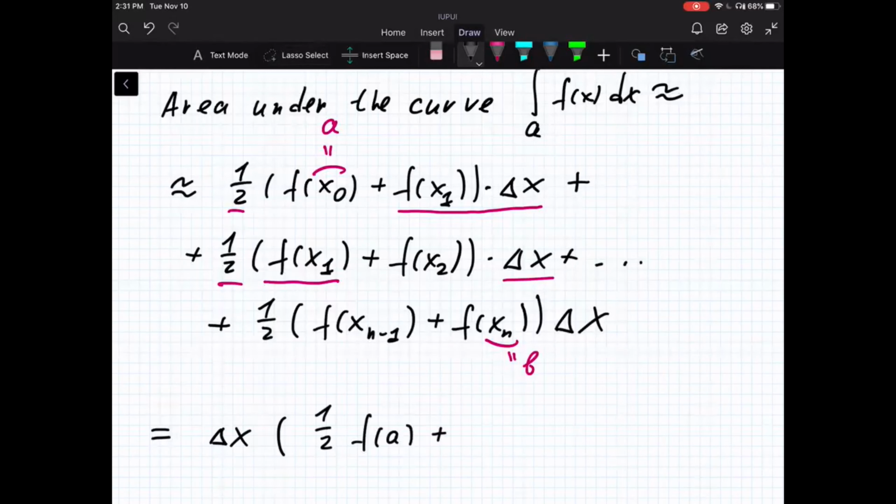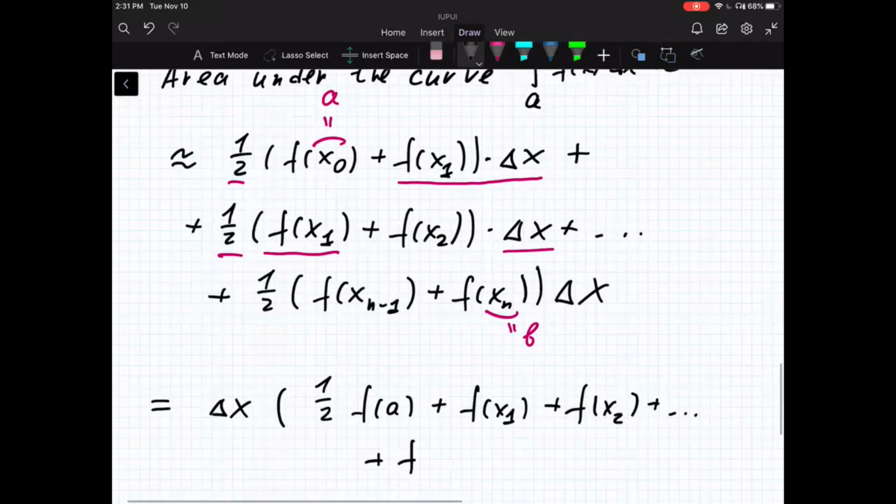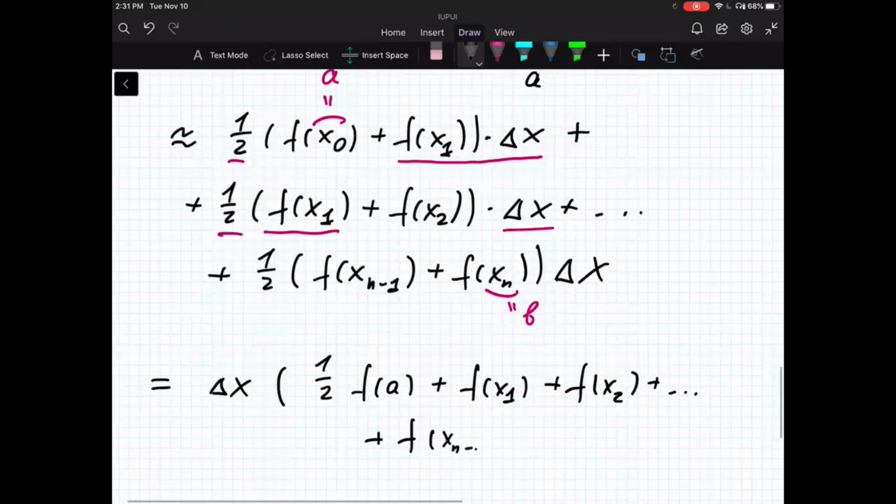Then I have f of x1 delta x times 1/2 plus the same from the second term, so I get just f of x1. Then I have the same story with x2, x3, and so on, until f of xn minus 1. And the last, which is f of xn, the same as f of b, appears only once, so it has coefficient 1/2.